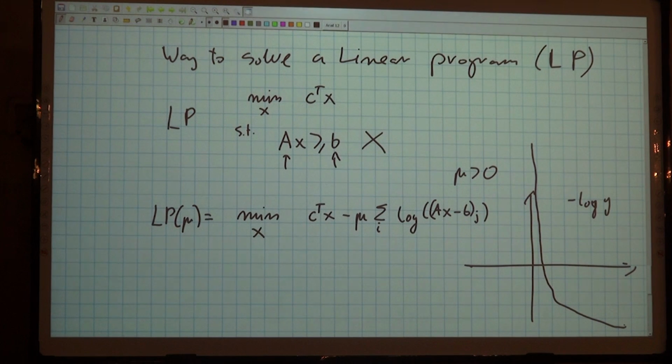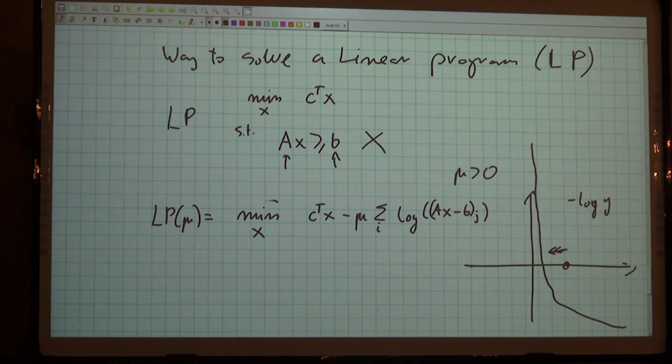The only thing we care about for the moment is that as we try to transition into negative numbers, this thing explodes to infinity.